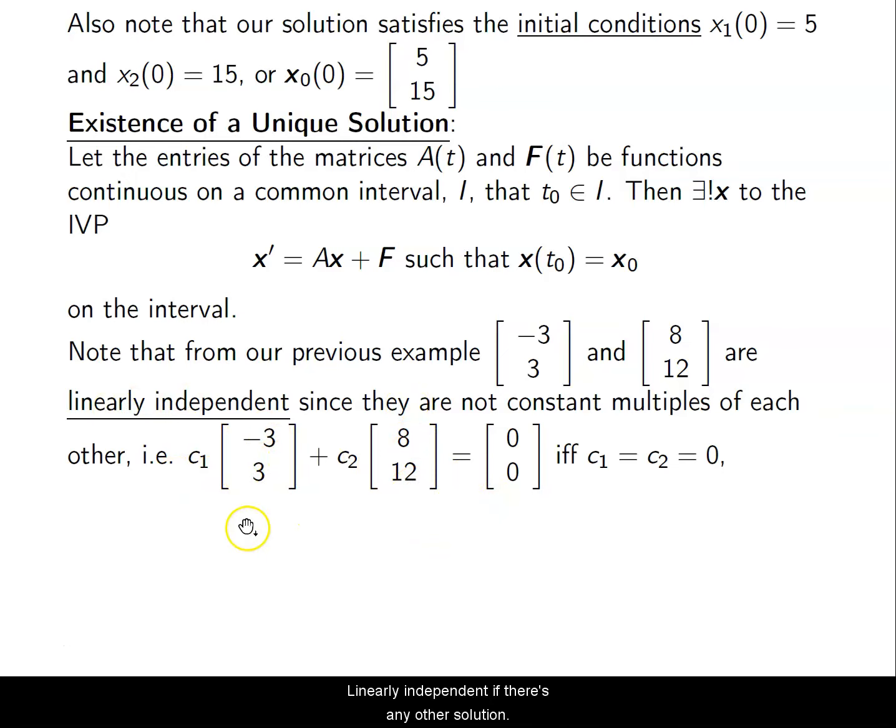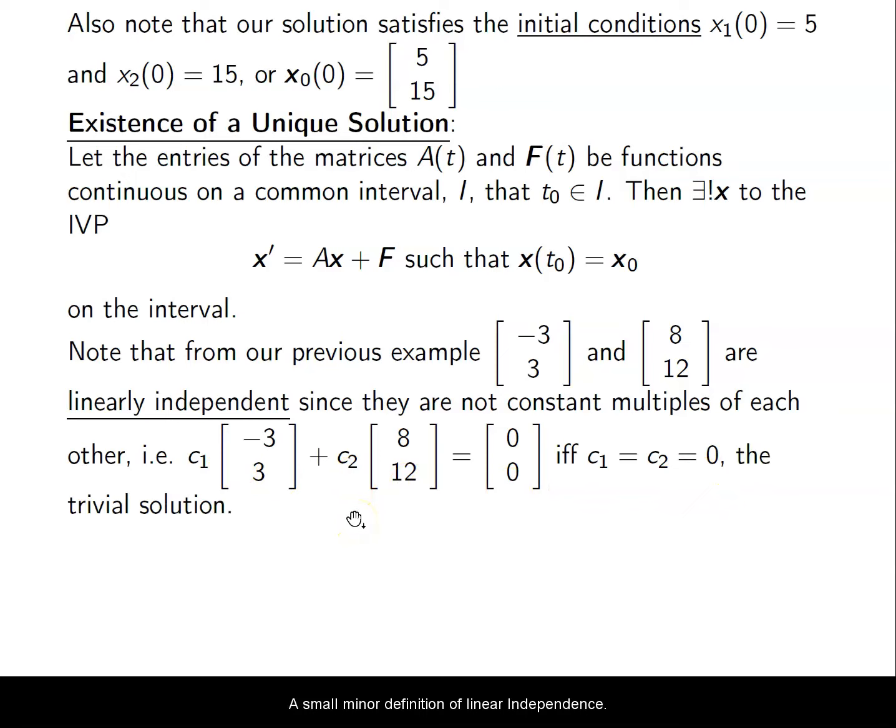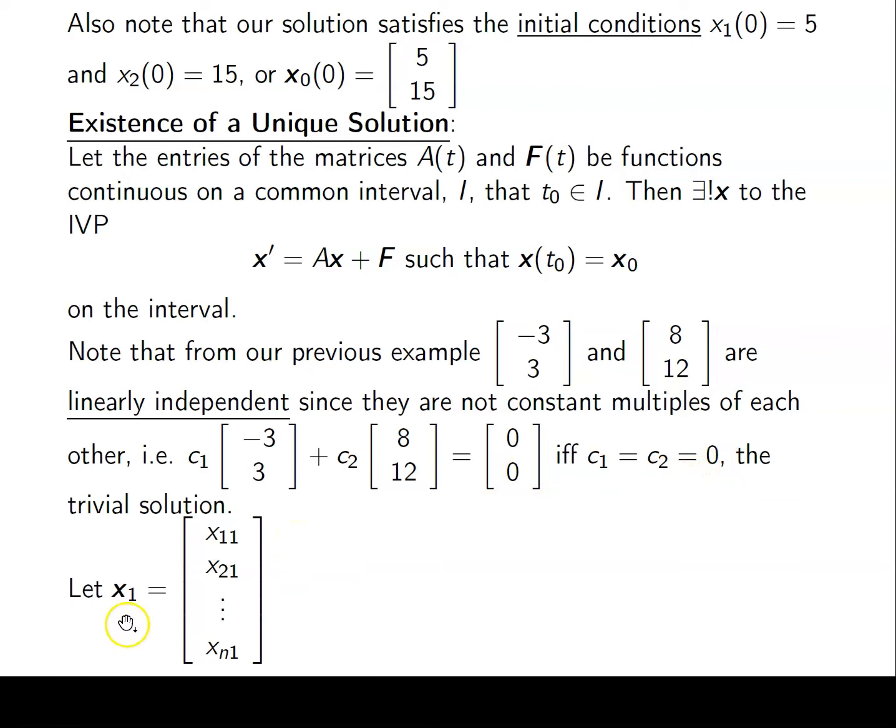If there's any other solution, it is not linearly independent, right? So for instance, if I can multiply this by 1 and this times -3 and add them together, I would get 0 out for both of these. They depend on each other. They're linearly dependent. Okay, so this is a small minor definition of linear independence, right? And we call this the trivial solution, which we've talked about before, right?